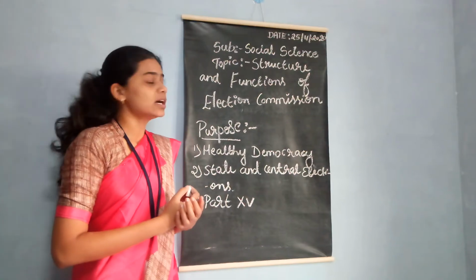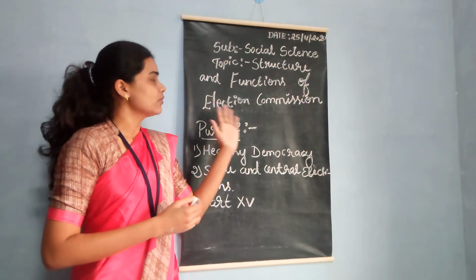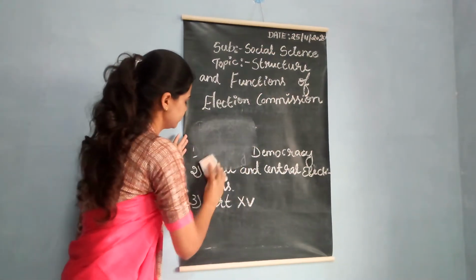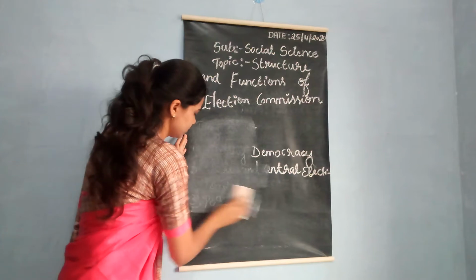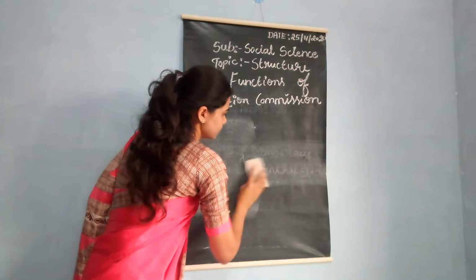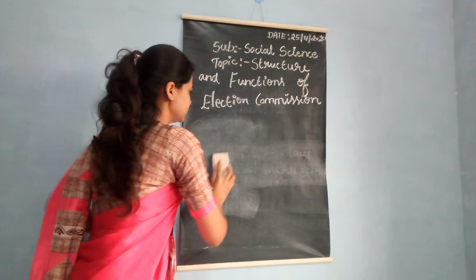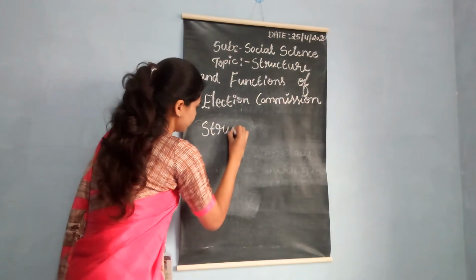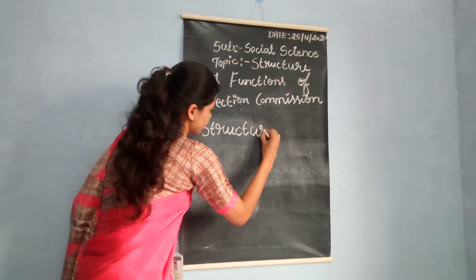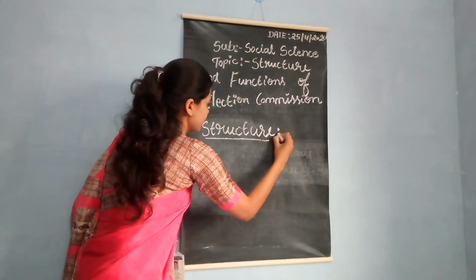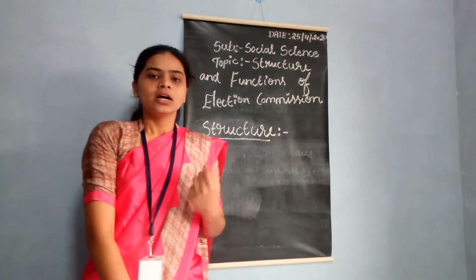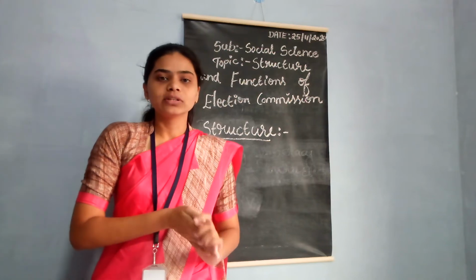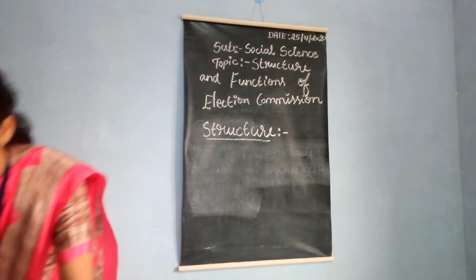Now let us move on to the structure of the election commission. Okay children, now I am going to show one video, then you will understand better about the structure of the election commission.